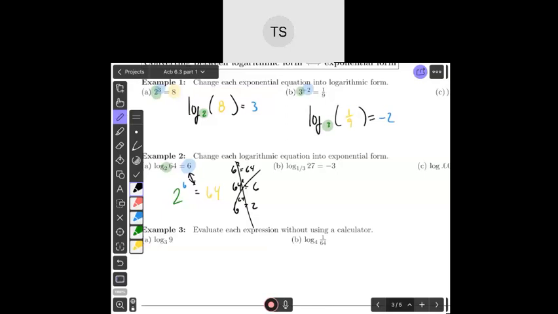So what about this: log base 1/3 of 27 equals negative 3? How do I rewrite that as an exponential equation?